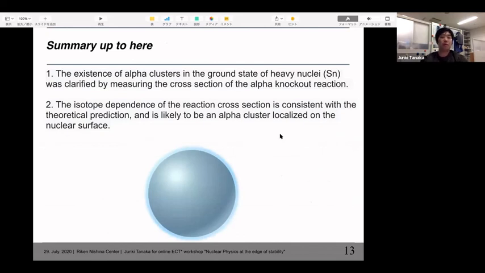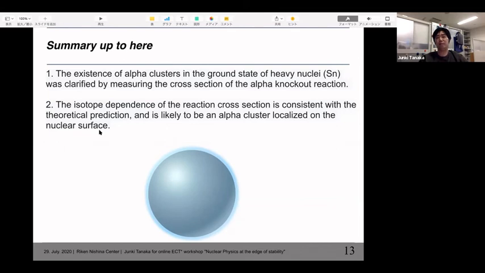So this is the summary up to here. First, the existence of alpha clusters in the ground state of heavy nuclei was clarified by measuring the cross-section of the alpha knockout reaction. The isotope dependence of the reaction cross-section is consistent with the theoretical prediction and is likely to be due to alpha particles localized on the nuclear surface.